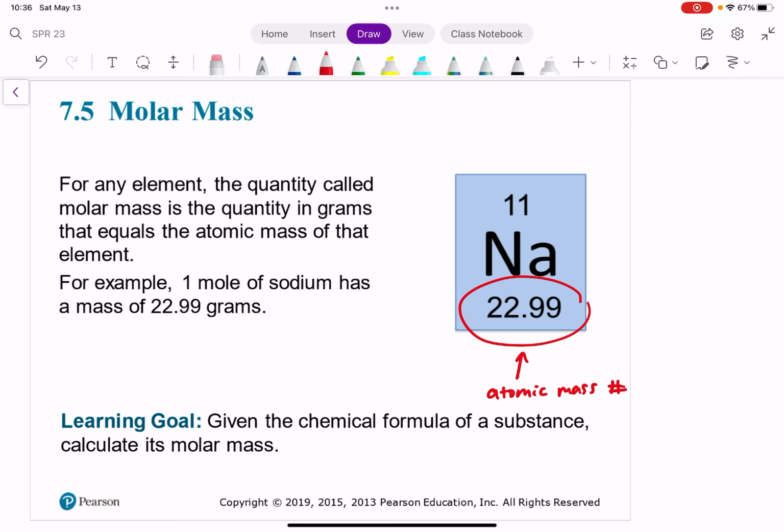At least on my periodic table, there's going to be some variance depending on what periodic table you have, because those numbers are rounded. But the one that we have is 22.99 there. And that means that 1 mole of sodium, Na, has a mass of 22.99 grams. Okay, so there are 22.99 grams in a mole of sodium.